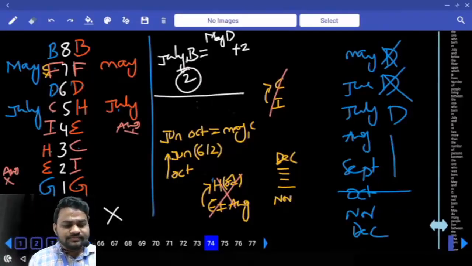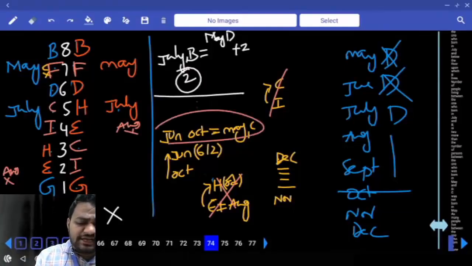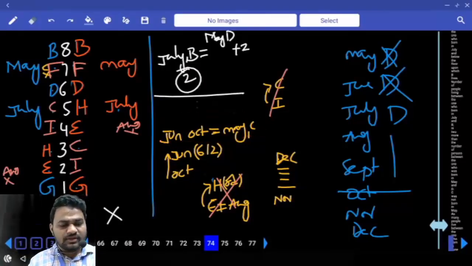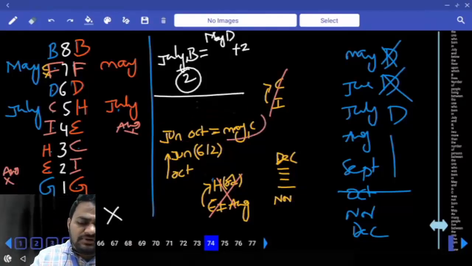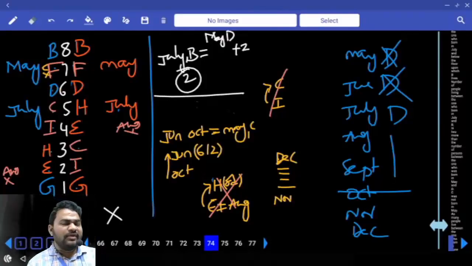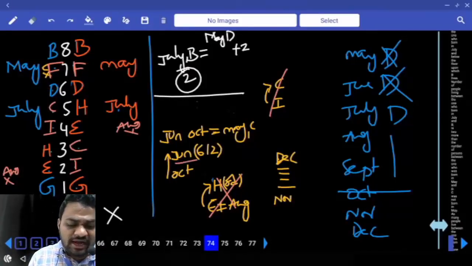Now let us talk about this condition here: the number of persons between May and C. Now we have fixed C here. Number of persons living between May and C, here we have only 1. Between June and October also there should be only 1.